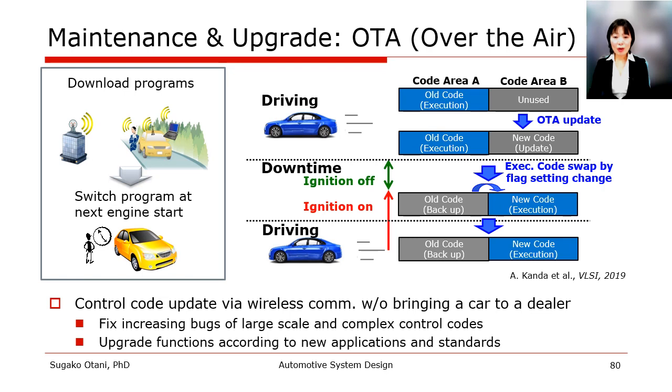Firstly, new code is programmed in area B, and the execution code area is swapped from area A to B by flag setting during the ignition off period. After ignition is on, the new code is executed.